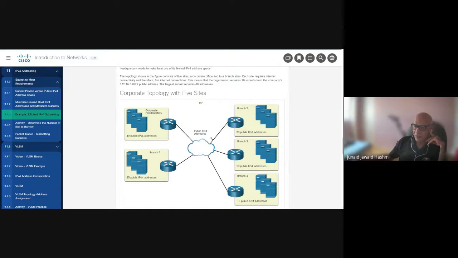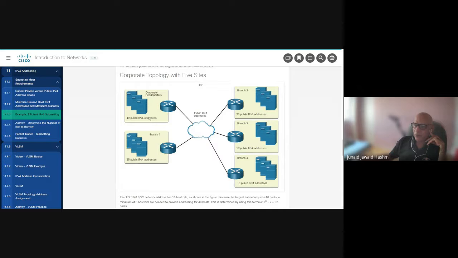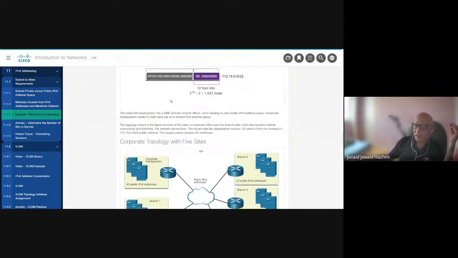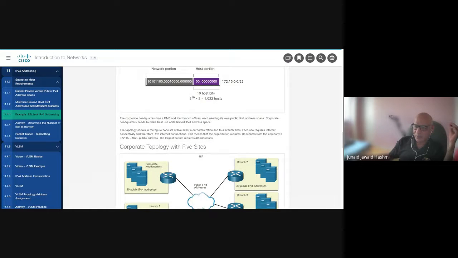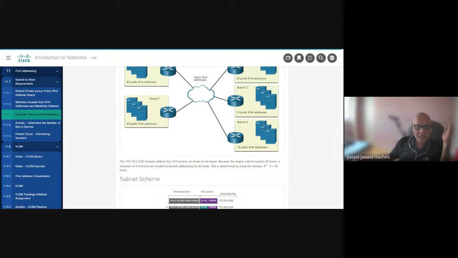Like I said, what is the maximum number of hosts you need? 40. As I said before, you should not, I shouldn't use the word never, you should not have more than 256 hosts in one network. So what you can do is take the 172 network and take 8 bits to subnet.